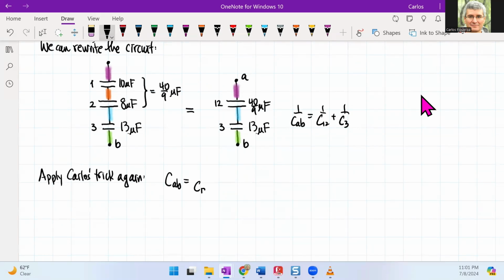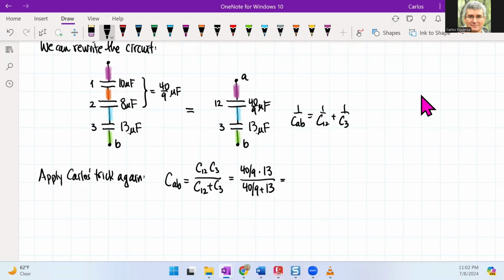CAB is then going to be the combination of C12, C3 times the combination of the two multiplied. So if I now multiply these out, I get 40/9 times 13 divided by 40/9 plus 13.